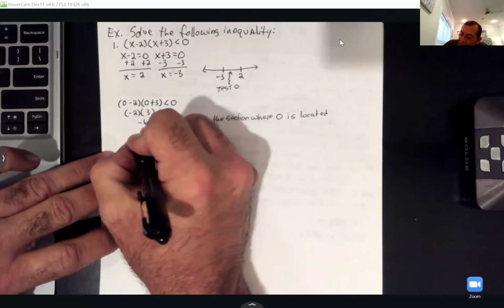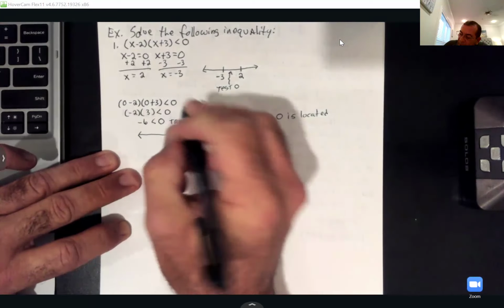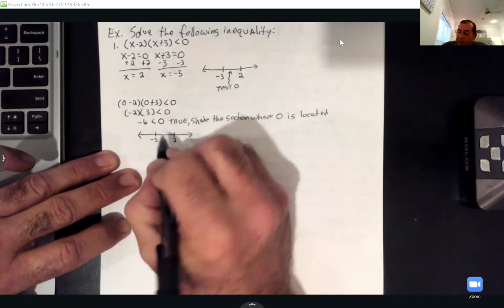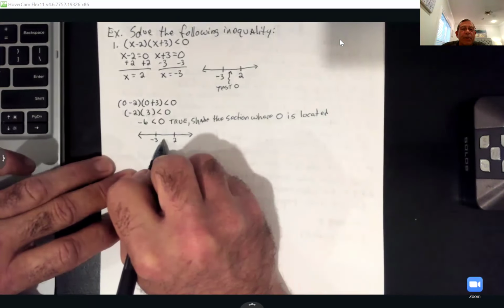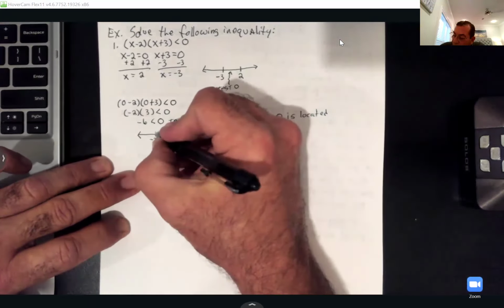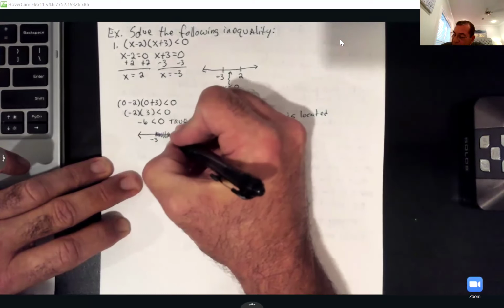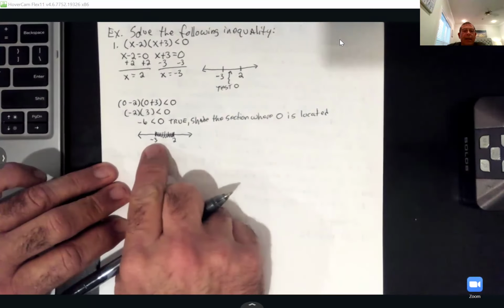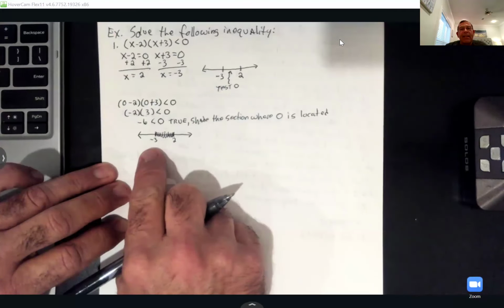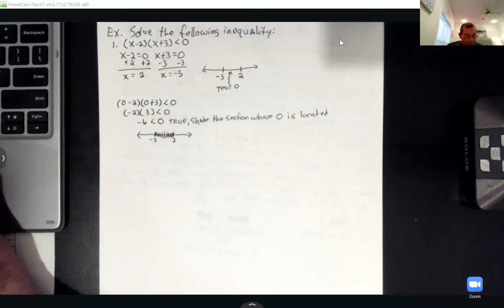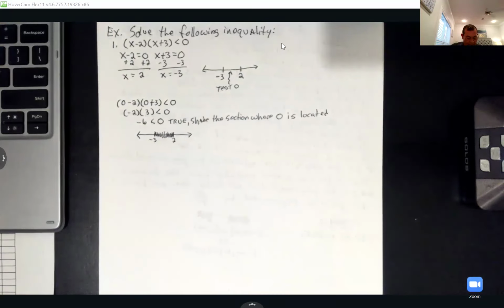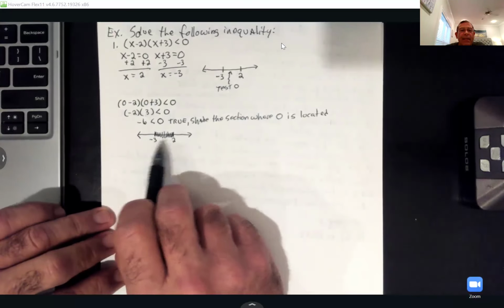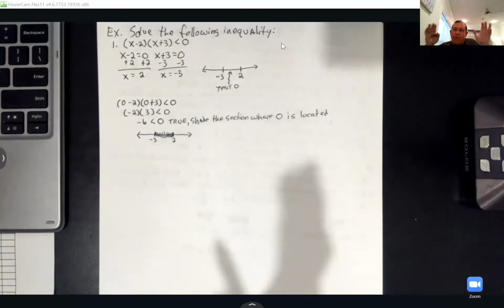So if I do that, let me draw my number line again. So over here was -3, and here was 2. So since 0 was in the middle and it was true, I'm going to shade this section where the 0 was located. And now all I got to do is write this in interval notation. Now remember, I said this one would look like a single interval.